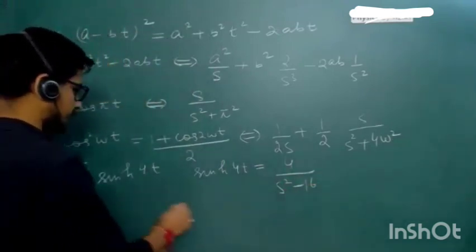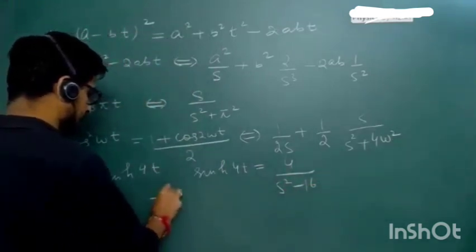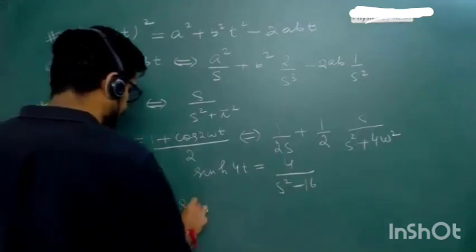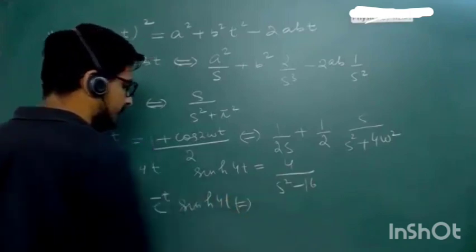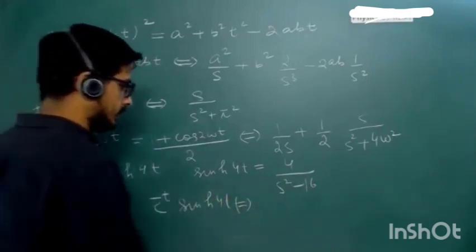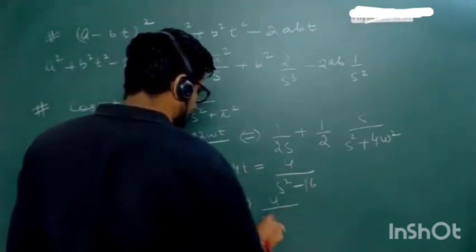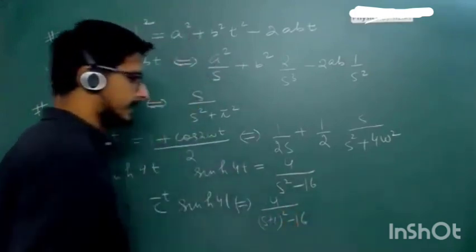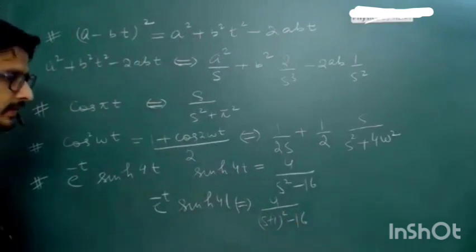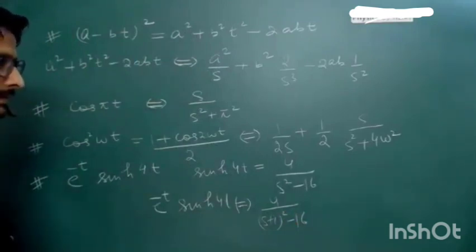And then Laplace of e to the power minus t sine hyperbolic 4t will be given by 4 upon (s plus 1) square minus 16, using the first shifting theorem. Is that okay? Yes, sir.